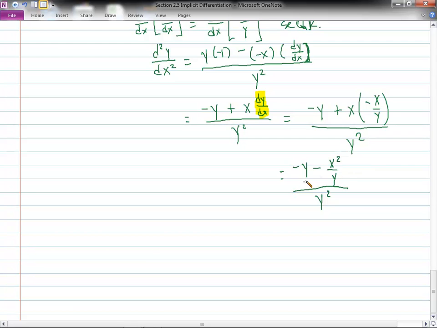The technique I generally use is to multiply through by the denominator, whatever cancels these guys. So I'd multiply the top and bottom here by y, leaving me with a negative y squared minus x squared over y cubed. Right, because if you take y times each of these guys, you get a negative y squared minus x squared all over y cubed.